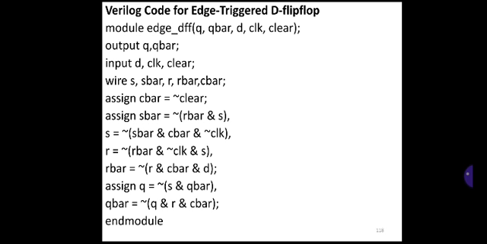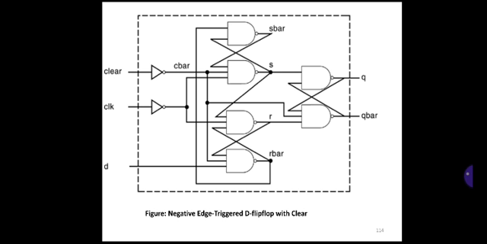And finally assign Q is equal to S and Q bar, AND of that one by using the complement operation. And Q bar is equal to Q and R and C bar, complement of that one to get the NAND gate, then end module. So assign Q and Q bar, let's see the diagram.